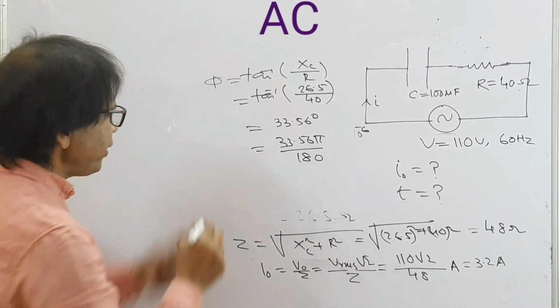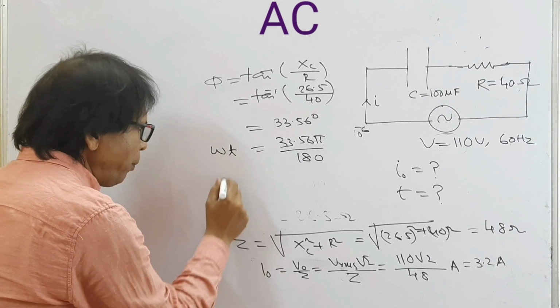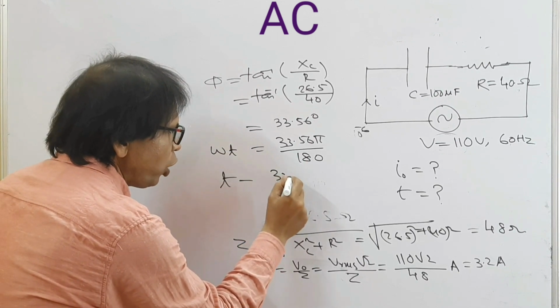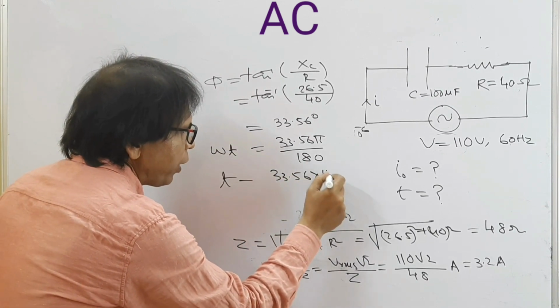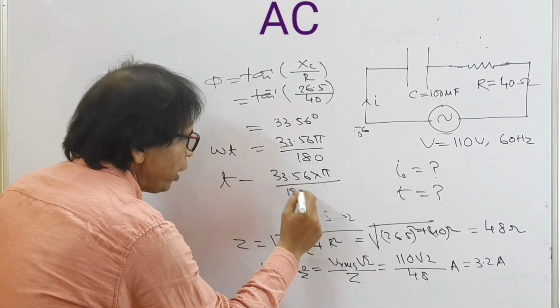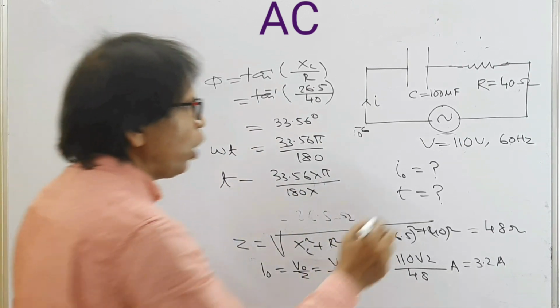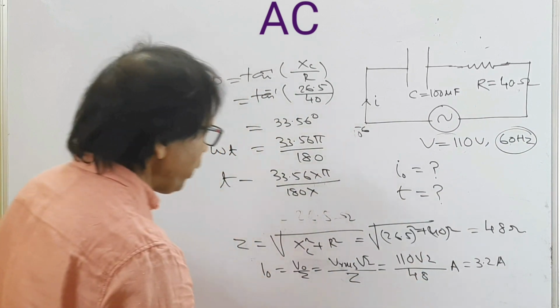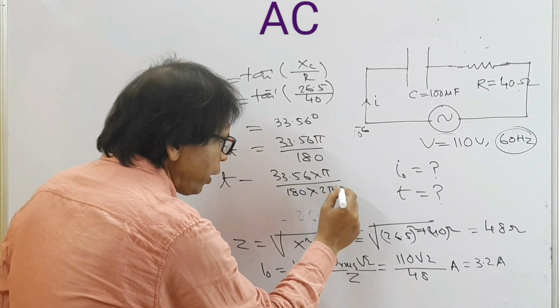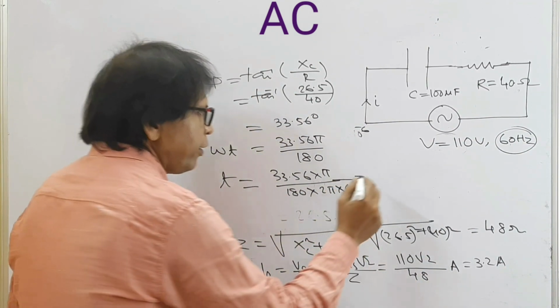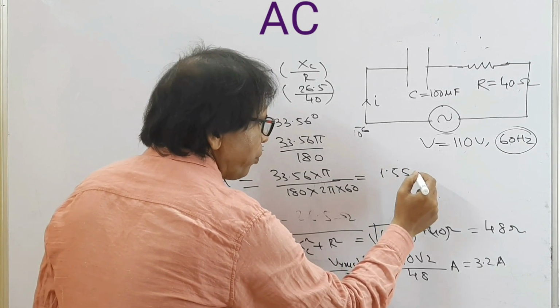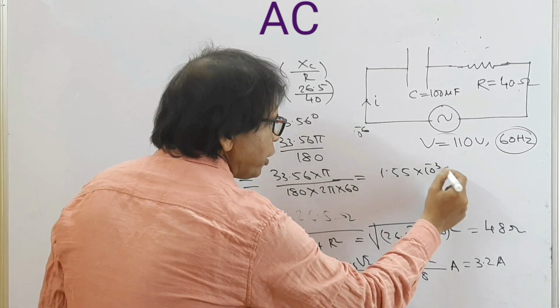Now look at this, this is omega t. So time lag t equal to 33.56 into pi divided by 180 into omega. What is the value of omega? Omega equal to 2 pi into 60. Okay. This is 1.55 into 10 to the power minus 3 second.